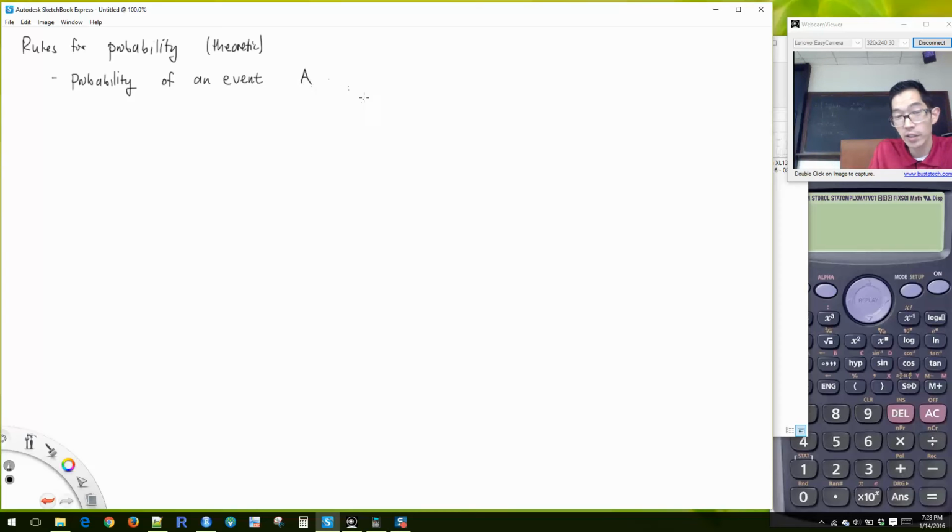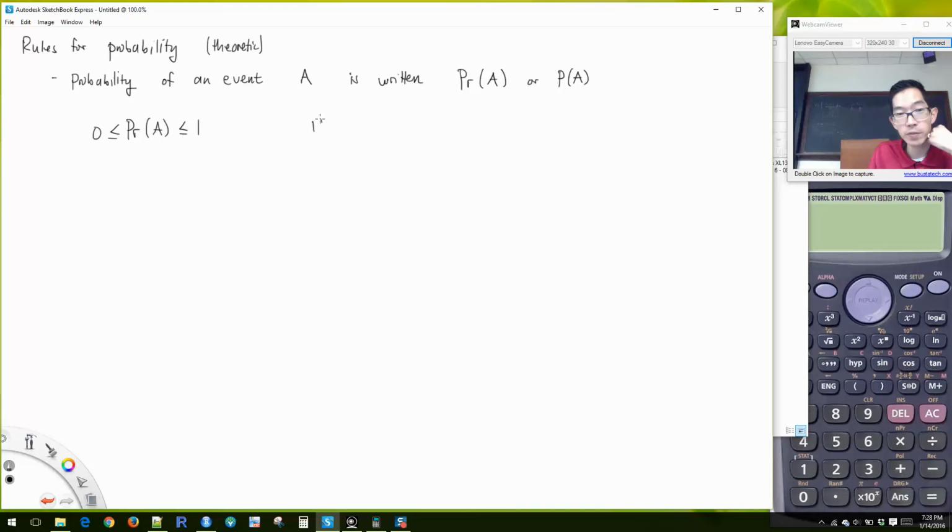If I designate an event A, we can write this as probability of A, or also just P of A. And we've already said that for any event, the probability of A must be between 0 and 1.